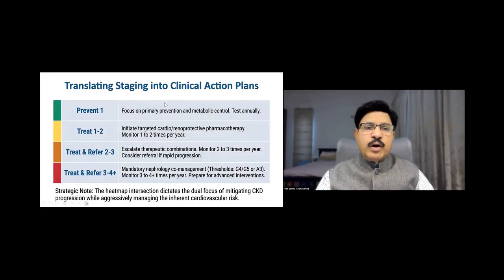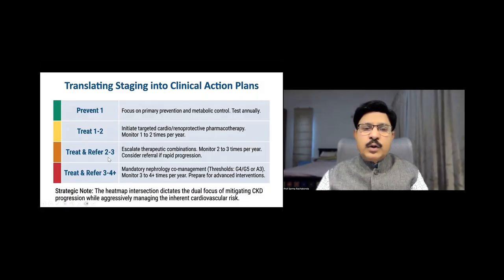Okay, now what do I do? First level, prevent: focus on primary prevention, metabolic control, test annually. Treat 1 and 2: initiate targeted cardio and renoprotective pharmacotherapy, monitor 1 to 2 times per year these patients.